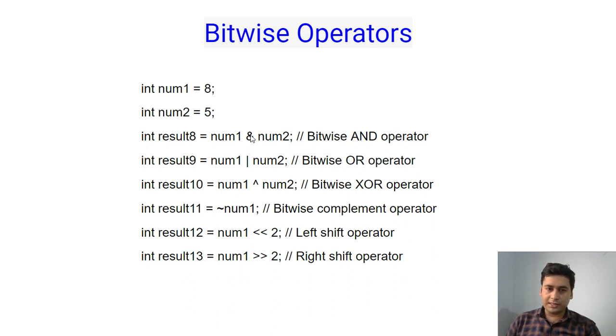This symbol is the bitwise and operator, then the bitwise or operator, and the bitwise XOR operator, which you might have learned in your engineering. This is the complement operator, the left shift operator, and the right shift operator. Like that you can learn about it. We can discuss those things also, like how they work and how you can work with them.